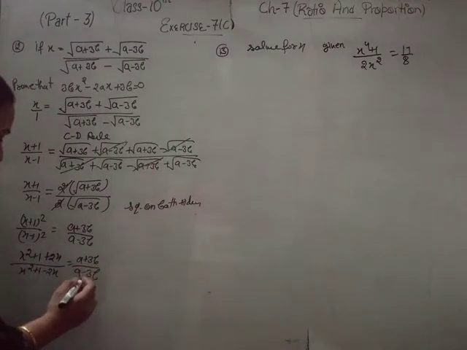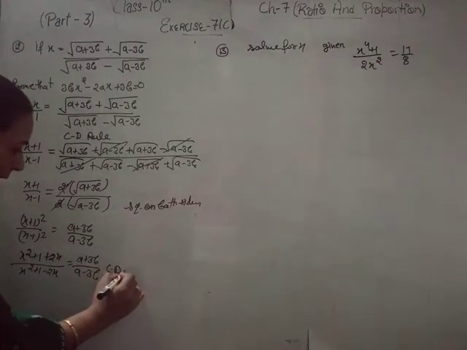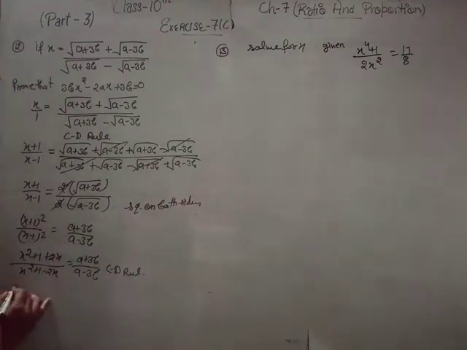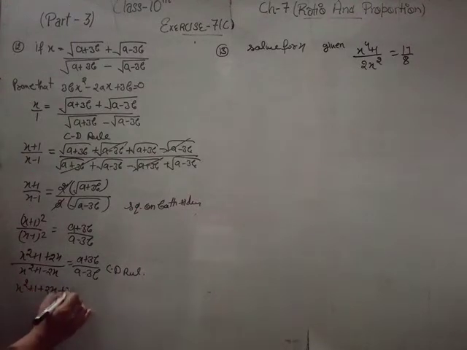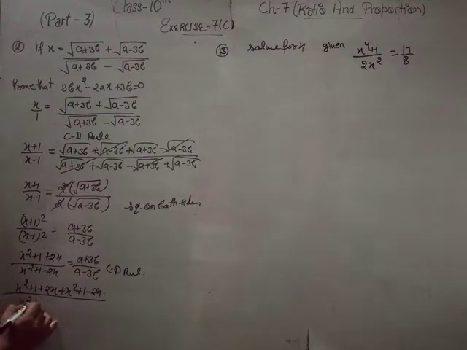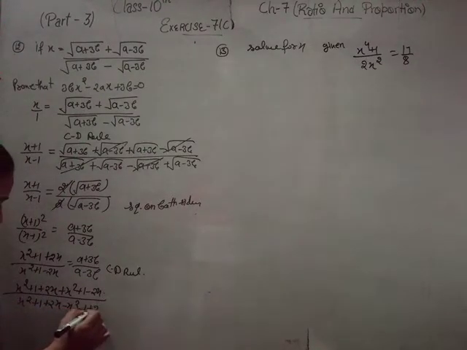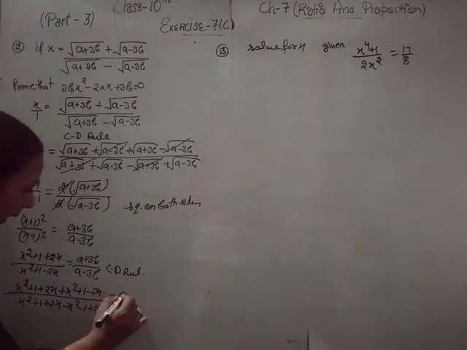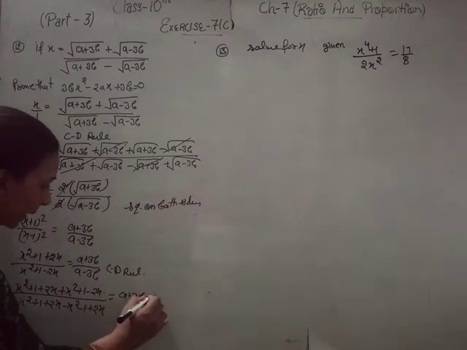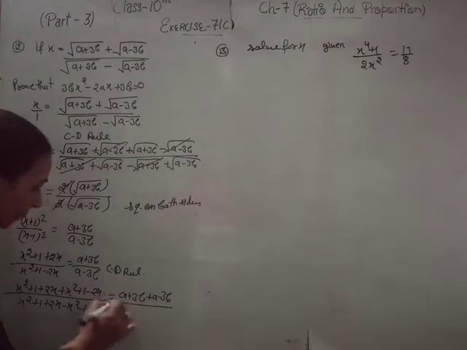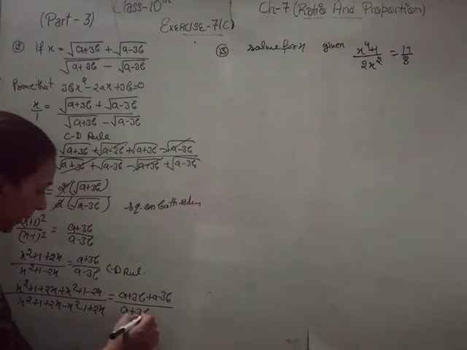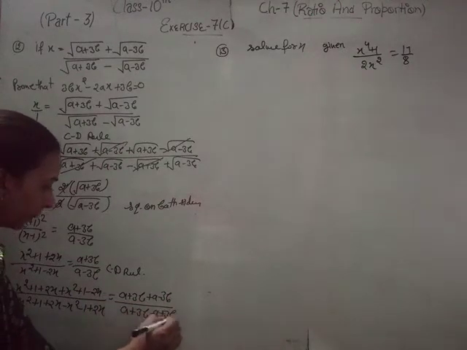Again we apply the CD rule. Okay, then (x²+1+2x + x²+1−2x)/(x²+1+2x − x²−1+2x), and the same on the right, (a+3b + a−3b)/(a+3b − a+3b).